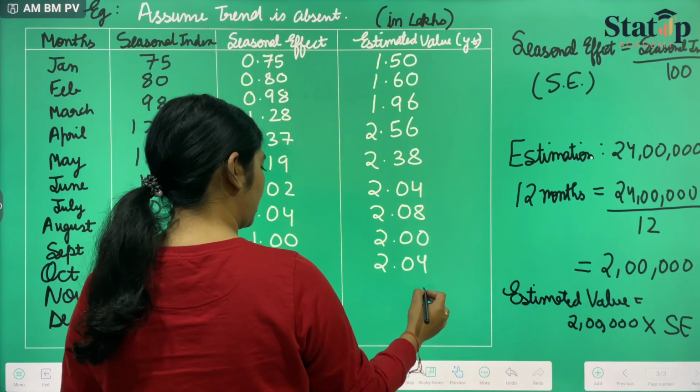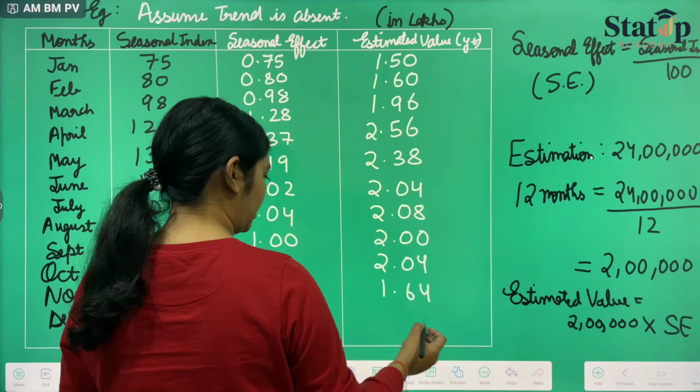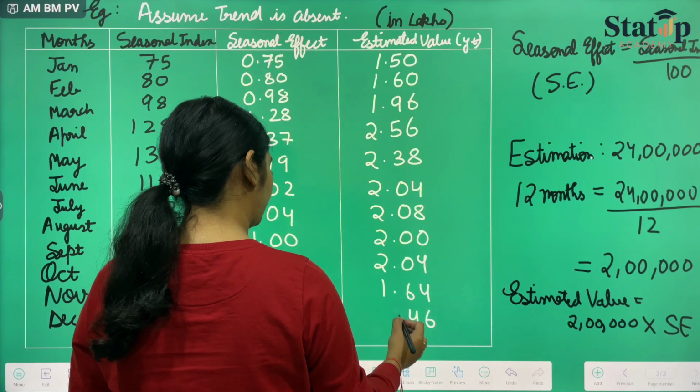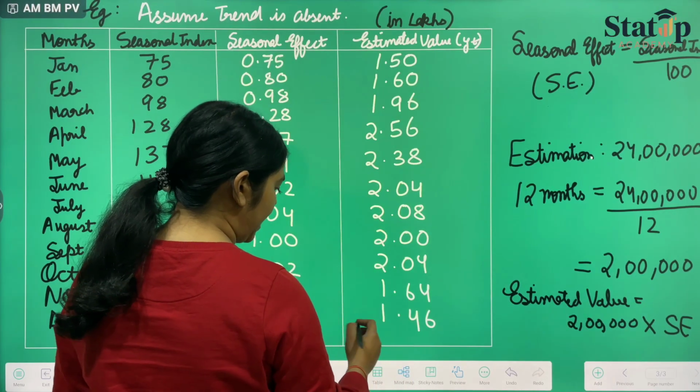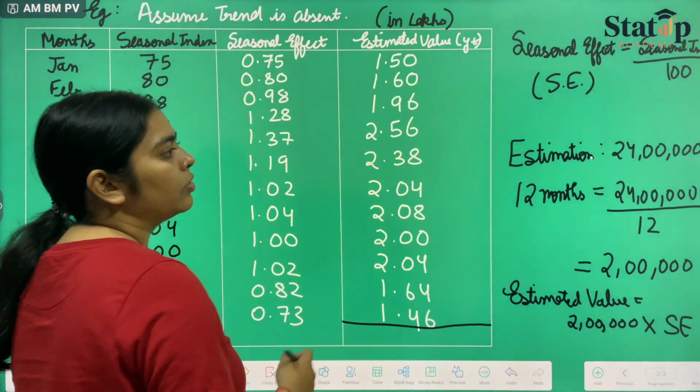2.04, and so on. If we calculate the total of these, it should come out to be 24.